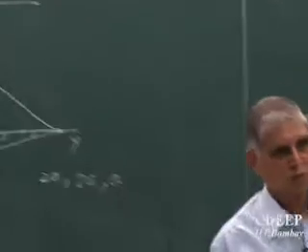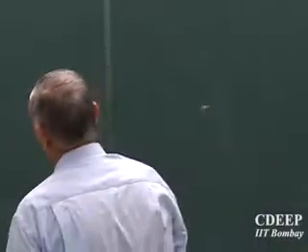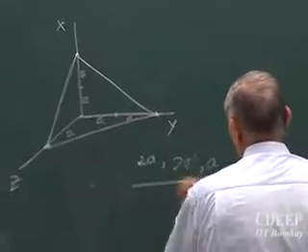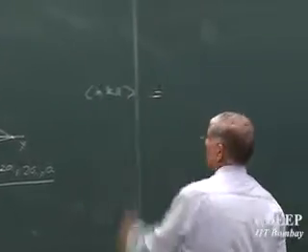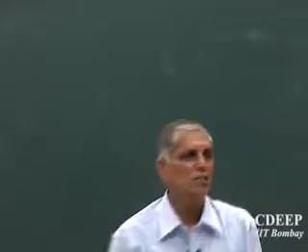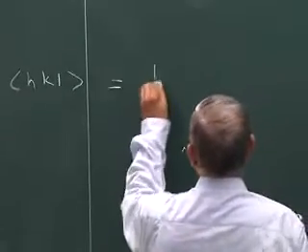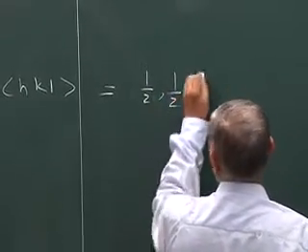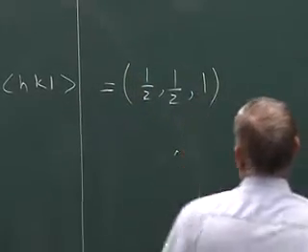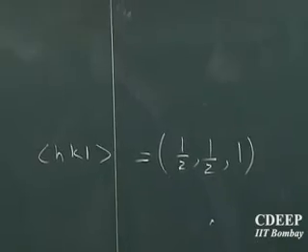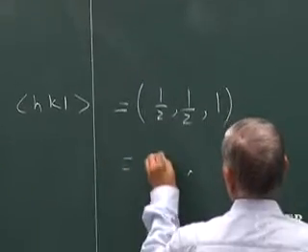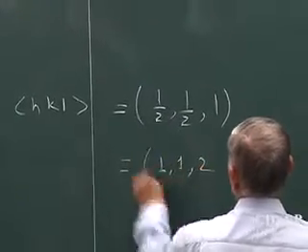A. If these are the intercepts, the Miller indices HKL are the reciprocals of these intercepts, and A is removed because it is common to all of them. So it is 1 by 2, 1 by 2 and 1. But as I say, 1 by 2 is normally not used, so this will be equivalent to 1, 1 and 2.